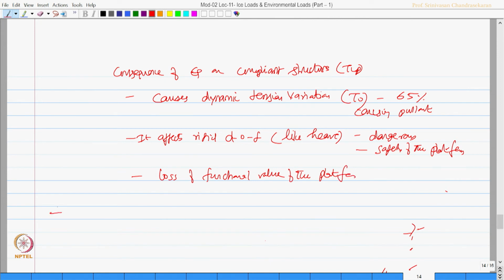So, detailed results can be seen from the following textbooks. Advanced Marine Structures, authored by me, published by CRC Press.